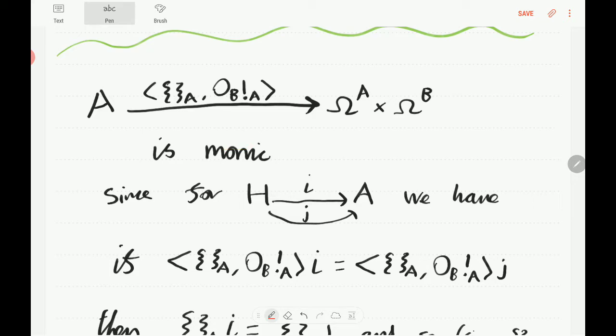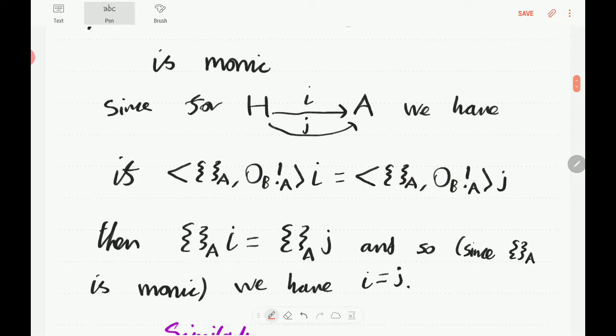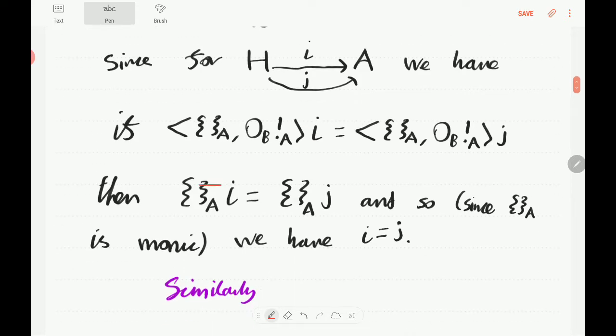Now, the reason is that if we have a pair of arrows I and J from H to A, and we suppose that doing this arrow after I equals the same thing we get if we do this arrow after J, well then the first two components have to be equal.